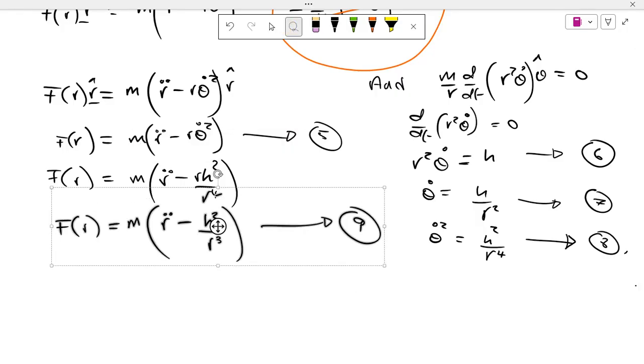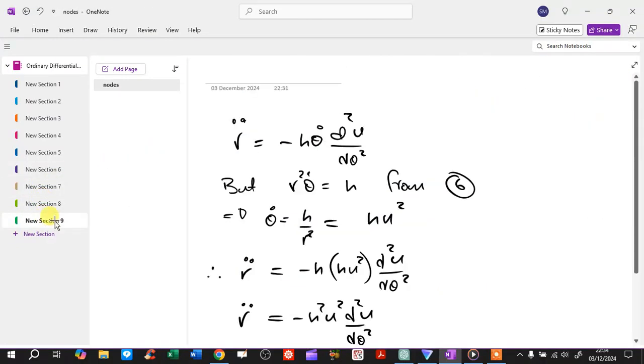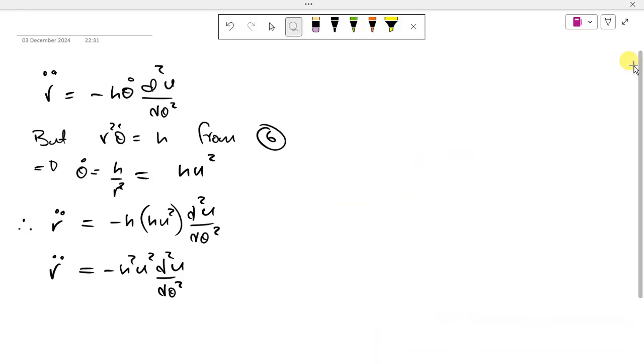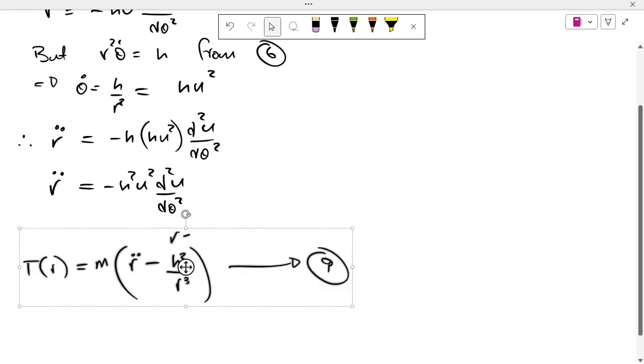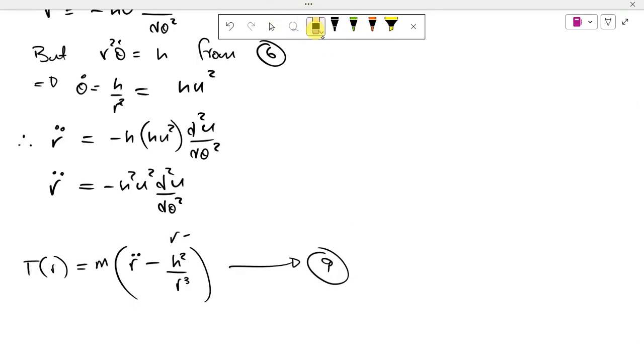Control C. Section 9. Let's cut and paste it there. Okay. Right. So that should be f of r is equal to that.